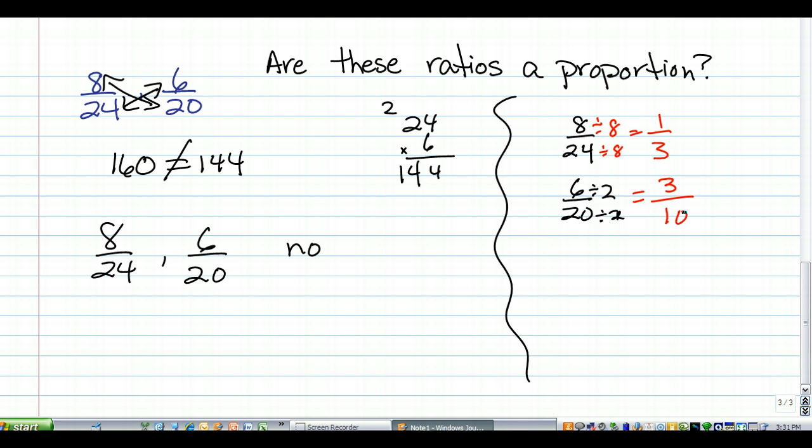And 1/3 does not equal 3/10. So again, nope. So this is simplifying over here, which I don't think is as easy as just crisscross multiplying.